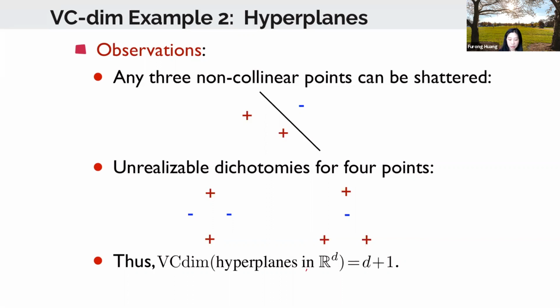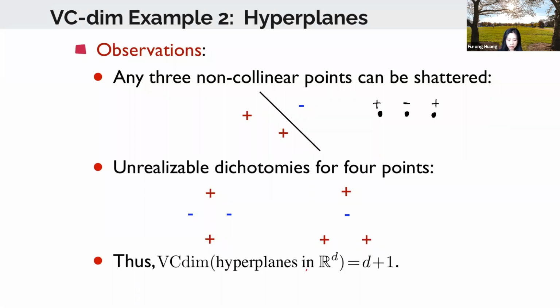Now notice that if the points are collinear, let me draw that. If the points are collinear, you cannot find a hyperplane that shatters the 3. Do you see? For example, I cannot realize something like this.